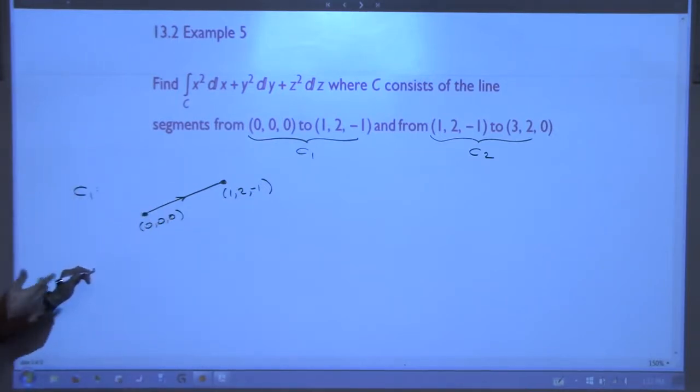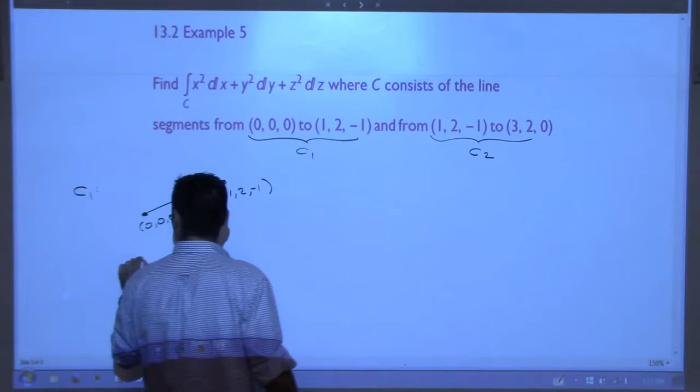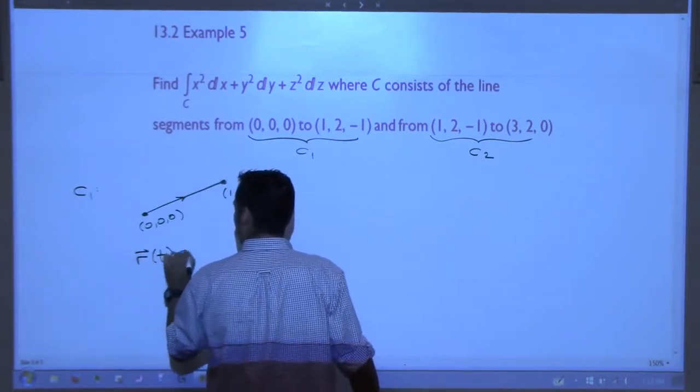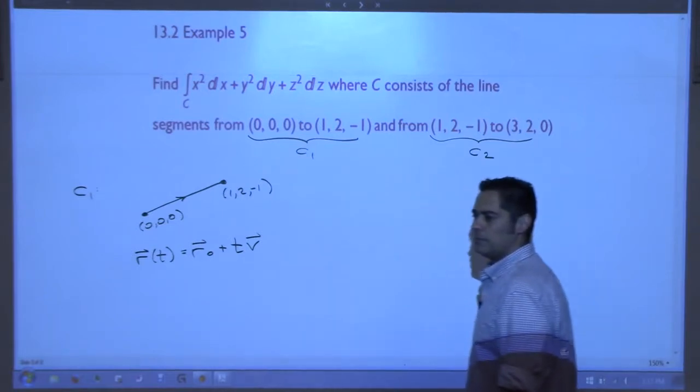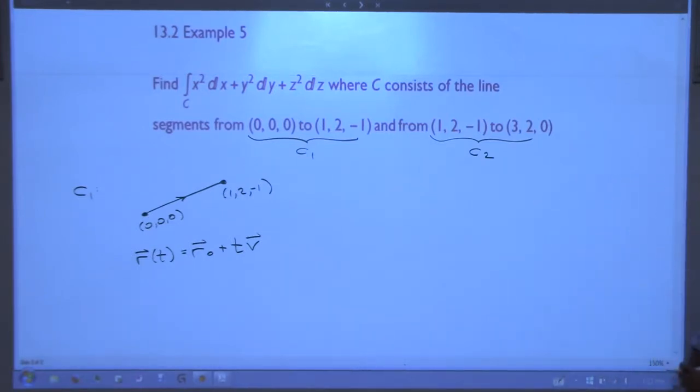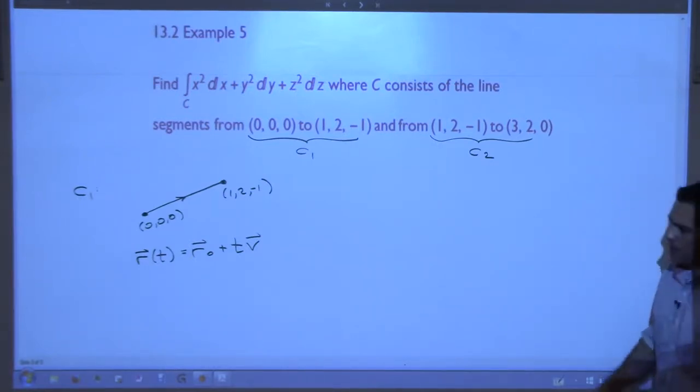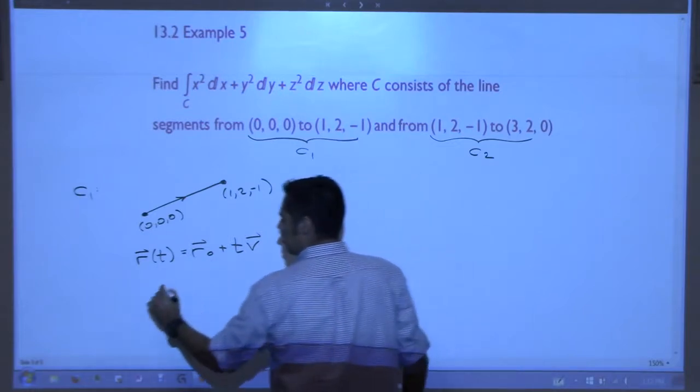Direction vector. Okay, so this is a line segment, right? So we've done this before. It's just now you're in 3D. So we're still going to use the fact that r(t) equals r naught plus t v. That should give me a line if I can put everything in the right way. So what's r naught going to be for me here? (0, 0, 0), that's where I'm starting.